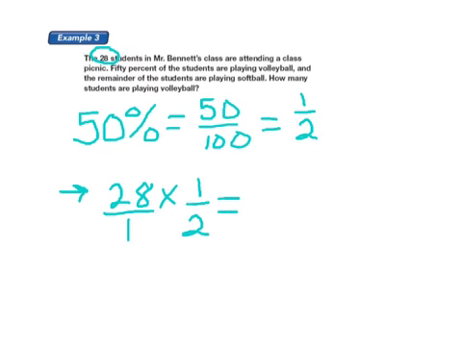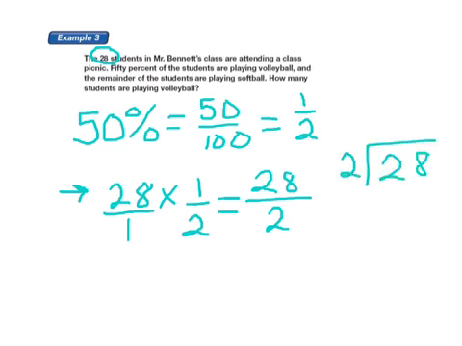So we'll multiply this across. 28 times 1 equals 28. 1 times 2 equals 2. 28 divided by 2. 2 goes into 2 once. 1 times 2 equals 2. Subtract, 0. Bring down the 8. 2 goes into 8 4 times. 4 times 2 is 8, and we are done.